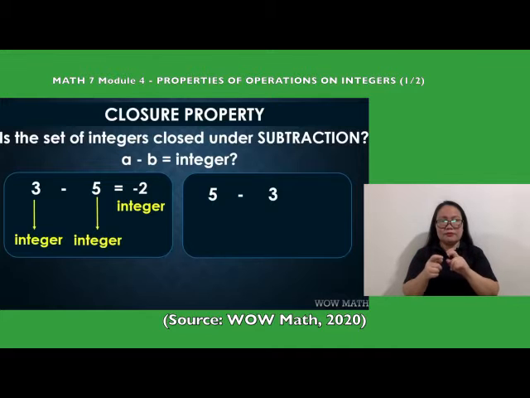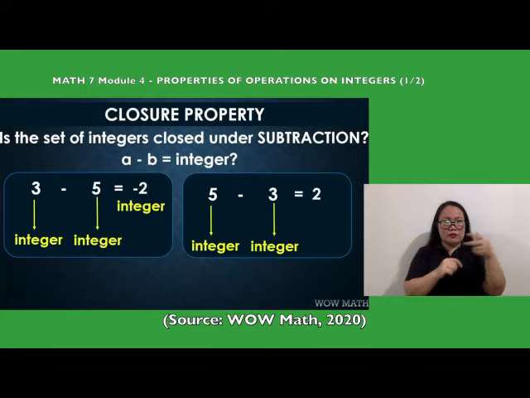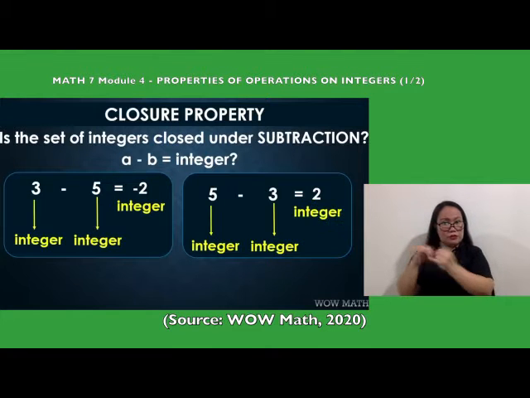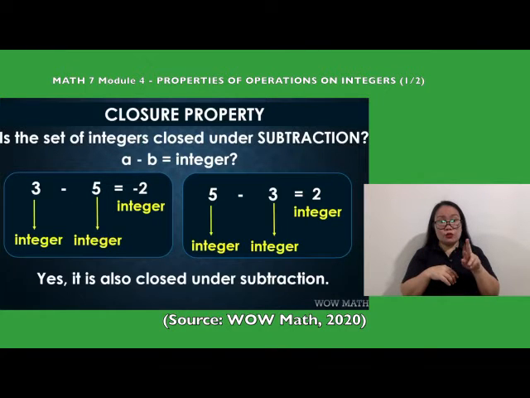If I have 5 minus 3 is equal to 2. 5 is an integer, 3 is also an integer, and the resulting difference is also an integer. So is it true that we have closure property under subtraction? Yes, it is also closed under subtraction.